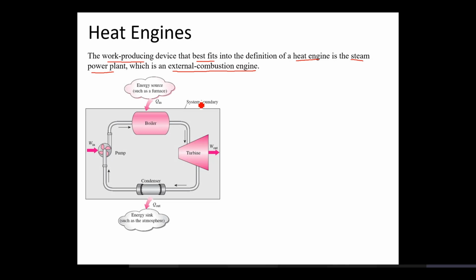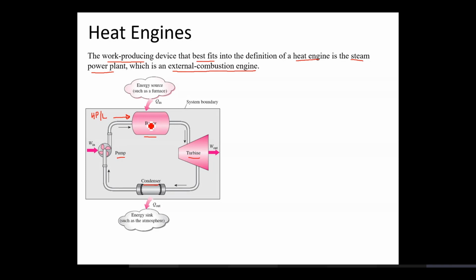This is a steam power plant. You have four components to this, a very basic schematic: the boiler, turbine, condenser, and pump. How is it working? Right before the entrance of the boiler, you have high pressure liquid which is about to enter into the boiler.